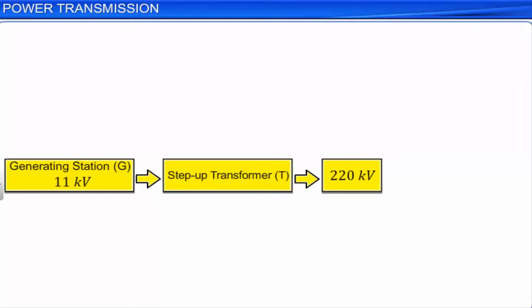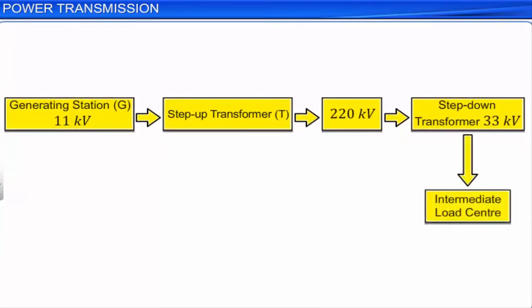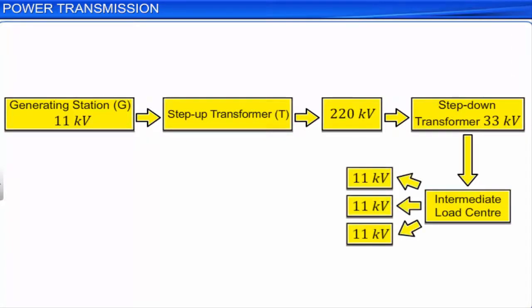At the major load center, the high voltage is reduced to 33 kV using a step-down transformer. At an intermediate load center, it is further stepped down to 11 kV and is supplied to substations.